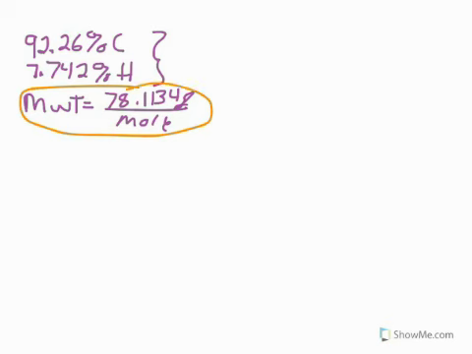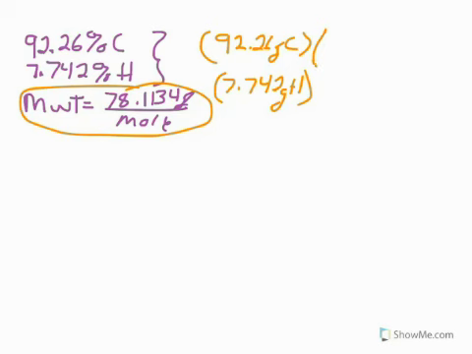So the first step is to find out the mass of each in 100 grams. So we do this, we end up with 92.26 grams of carbon and 7.742 grams of hydrogen. That's how I just did that before. That's assuming 100 grams. Now we convert it.